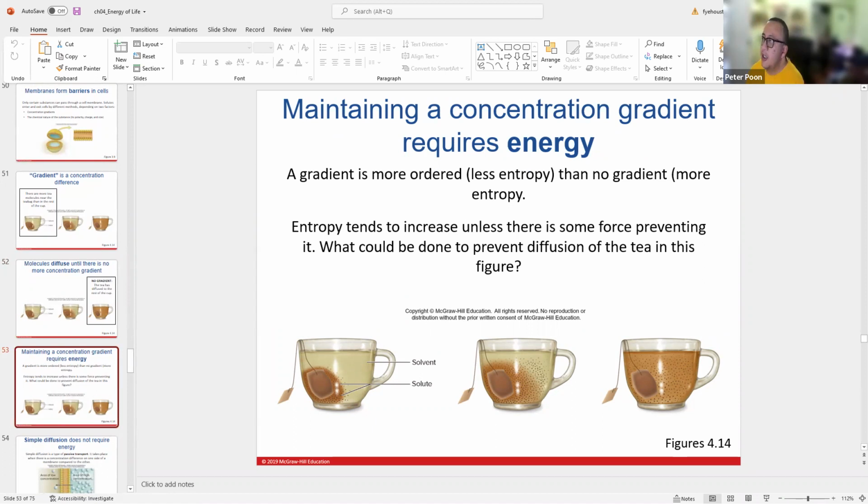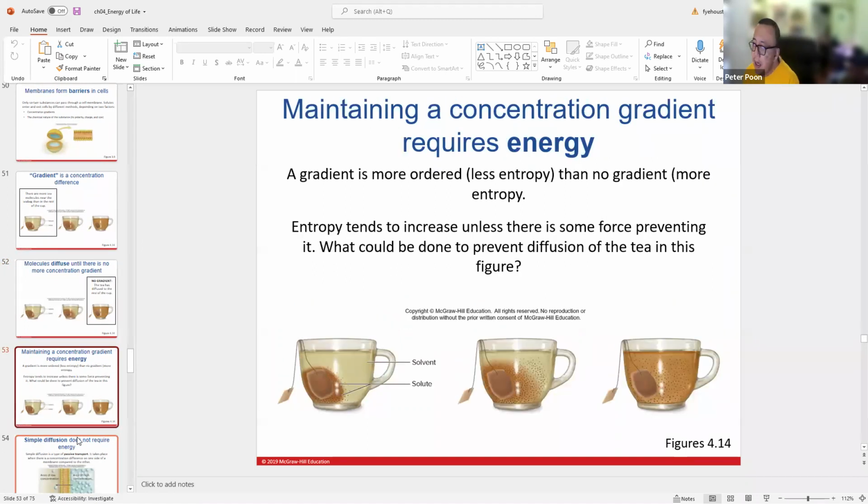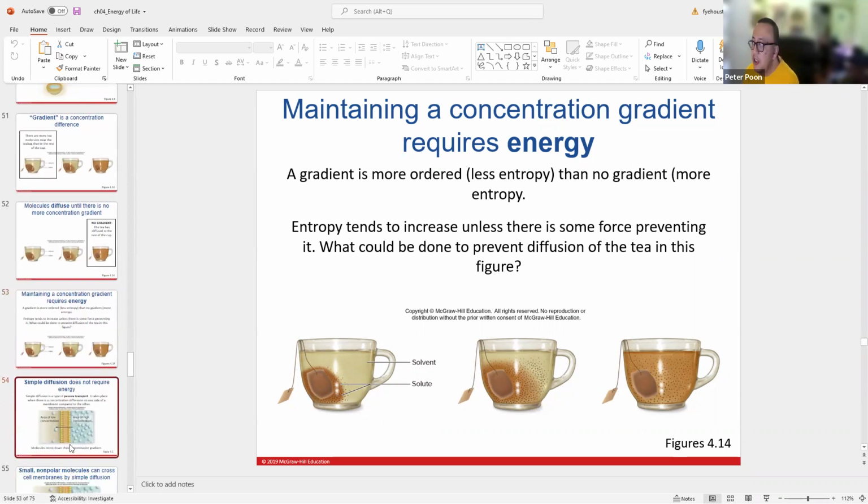Maintaining a concentration gradient requires energy. So if you just left the tea alone, it goes to this state where there's no gradient. To physically maintain a gradient, I have to physically push all the tea particles back toward where the tea bag is. So that requires a lot of energy.